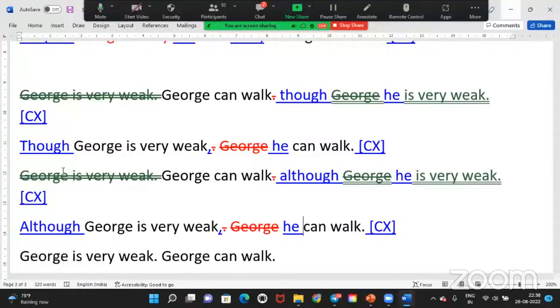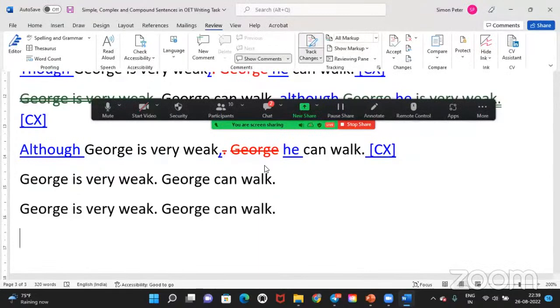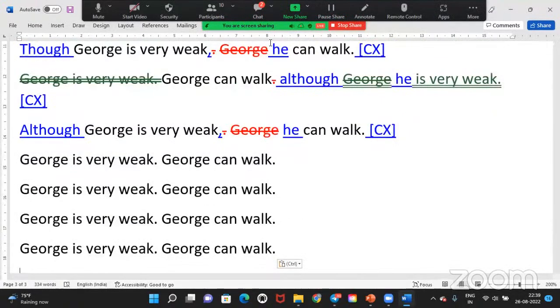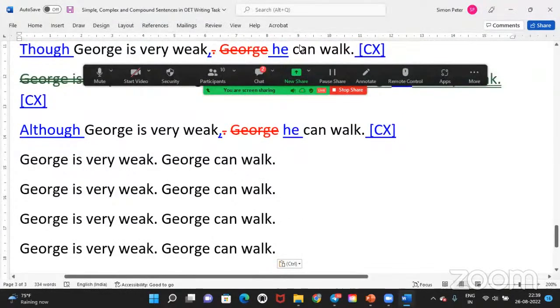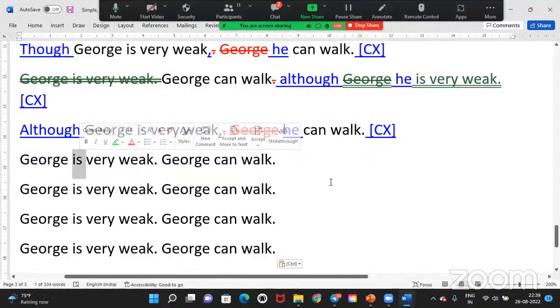Next one is a different one. Right, now let us see here.